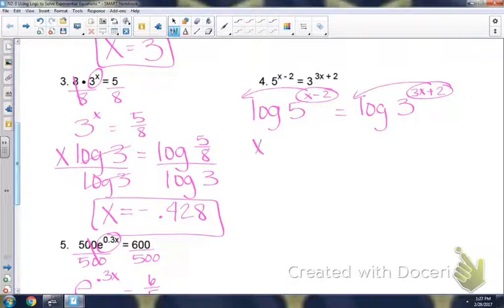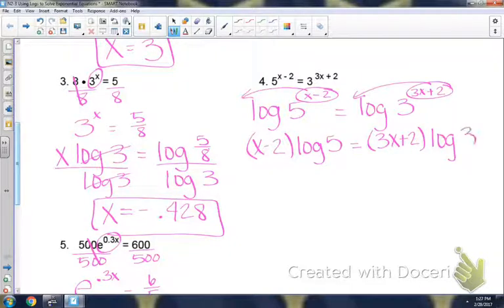So x minus 2 log of 5, and then 3x plus 2 log of 3. If you have exponents on both sides with variables on both sides, what I want you to do from here is distribute the logs to both of the terms in front.